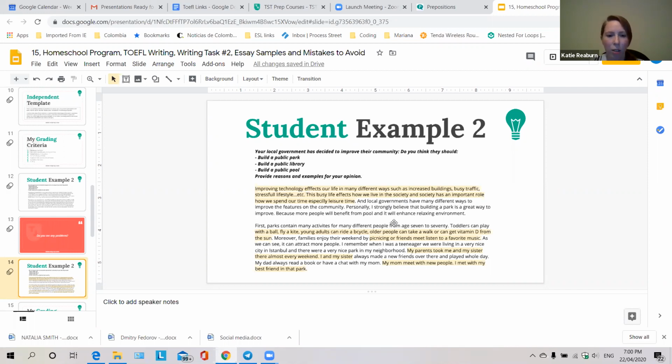Looking past that, we can see that this first paragraph is not so organized. All of these highlighted pieces here are examples. They are talking about what is supporting the reason for having the park.